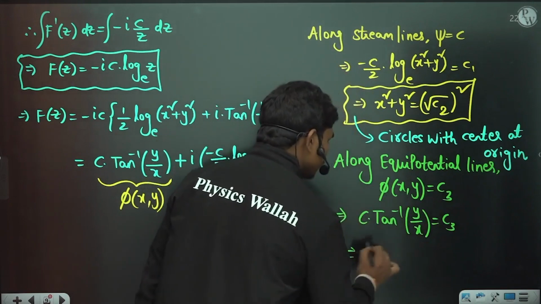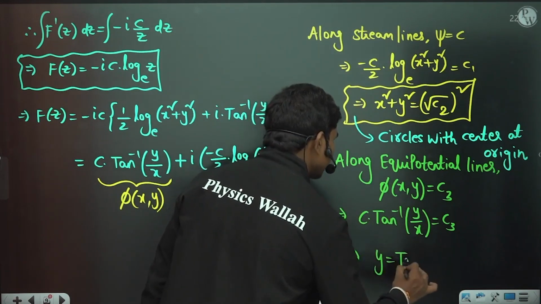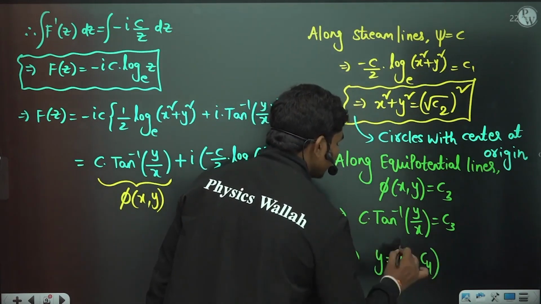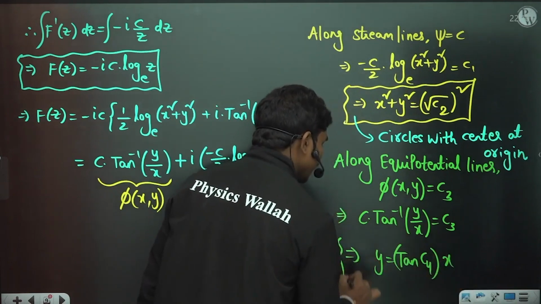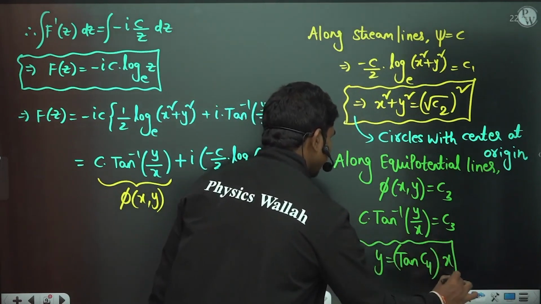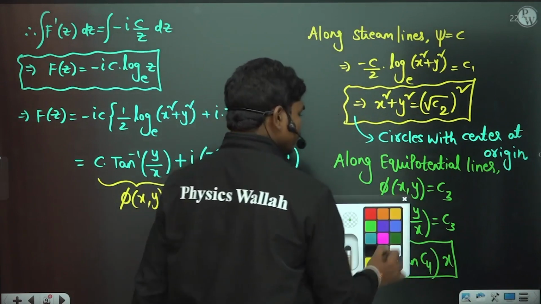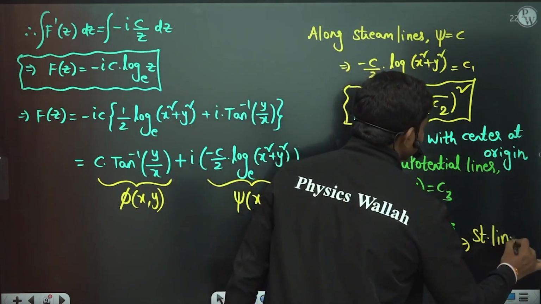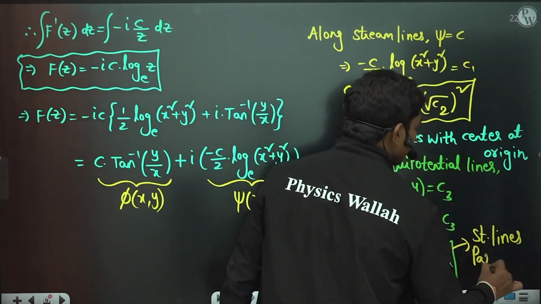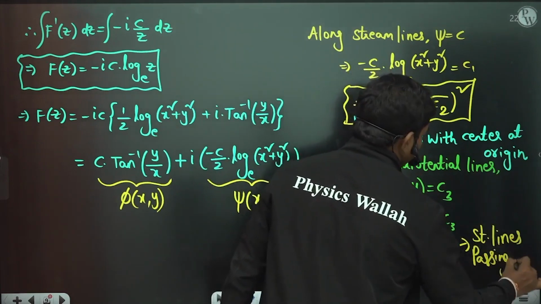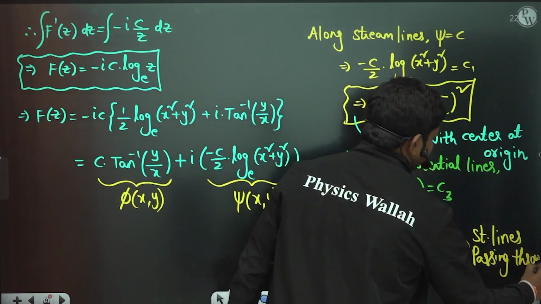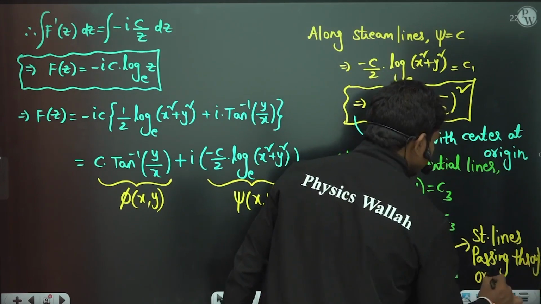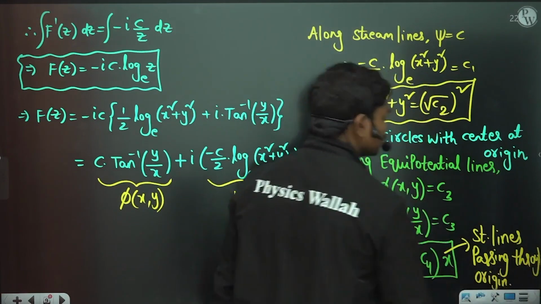Then in that case you will get y is equal to tan of some arbitrary constant into x. So these are straight lines passing through origin, correct?